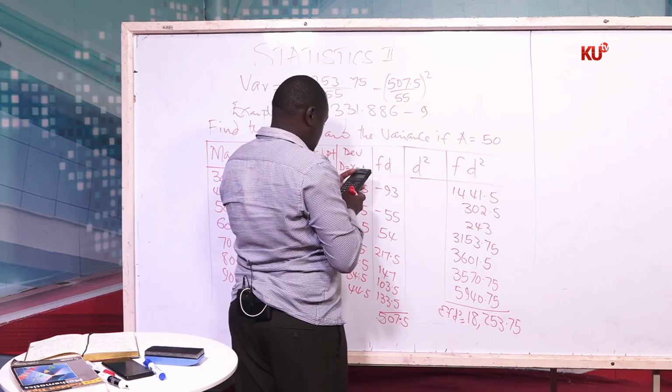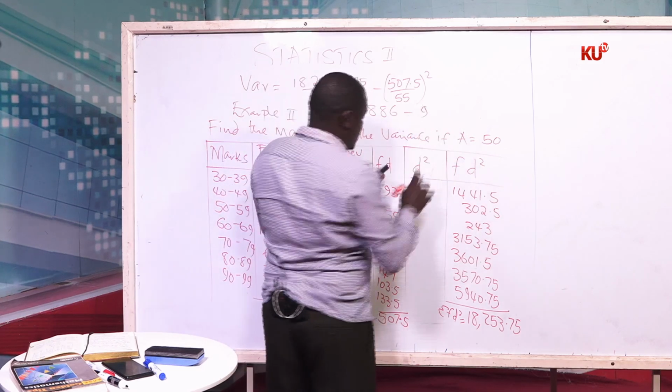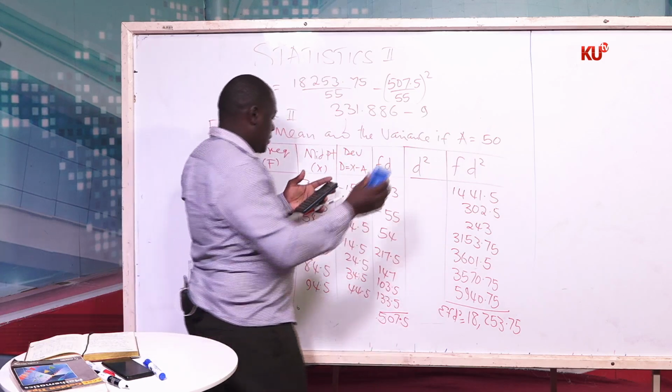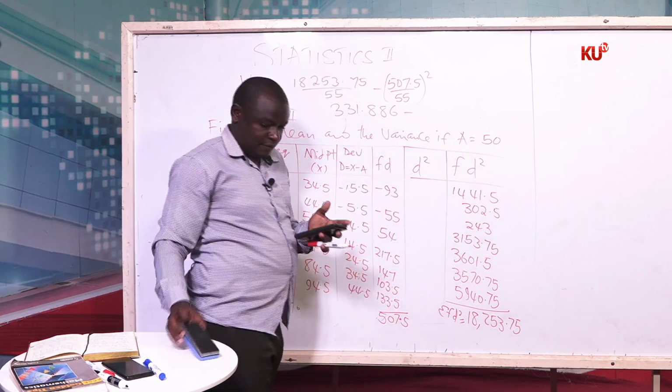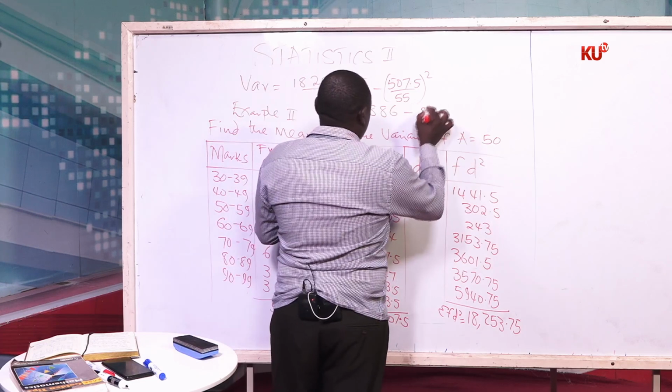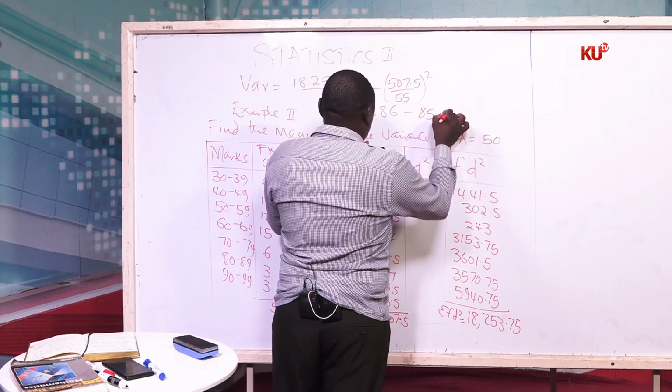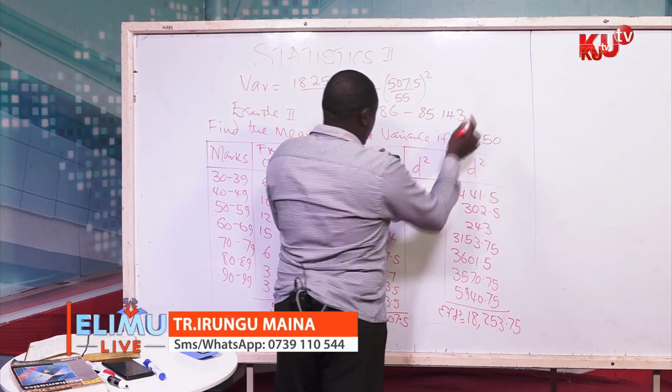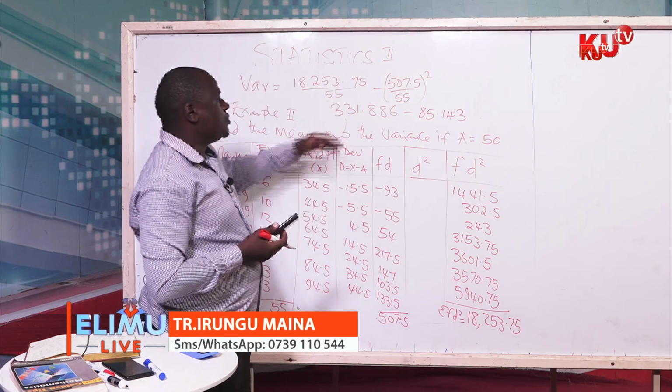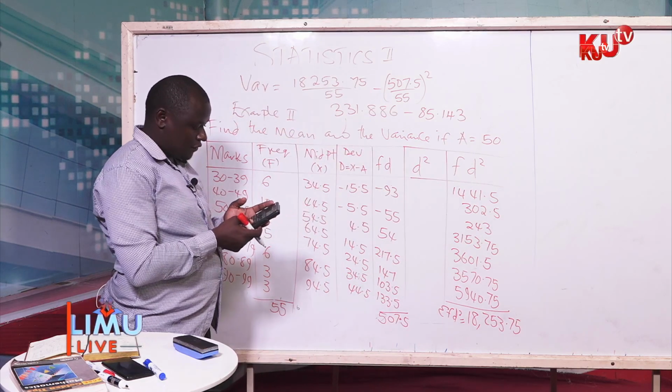The answer squared gives you 85.143. So if you work this out, you are going to get the variance.